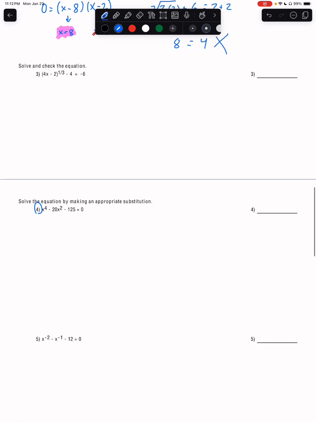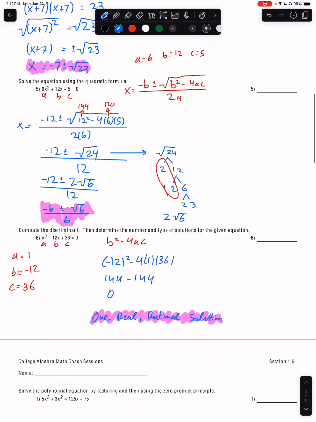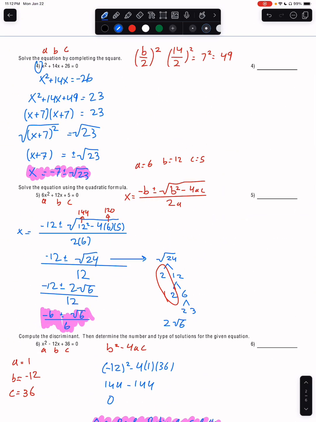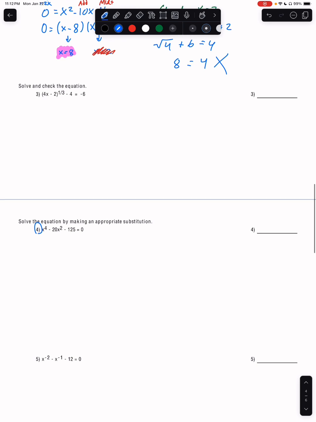You see that this equation looks a lot different than our other ones. Like the one we just solved earlier, we have a bunch of x squares. Here we have x being raised to the fourth, and that is just going to be way too complicated to factor. So what we're going to do is change it just for a little bit. We're going to let u equal x squared, because that's this middle term right here.